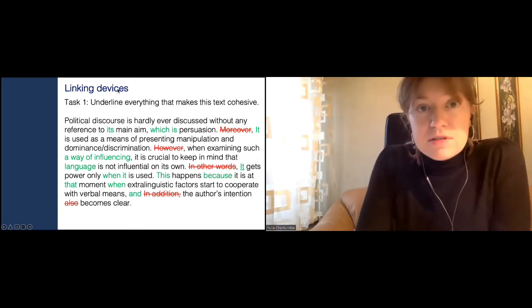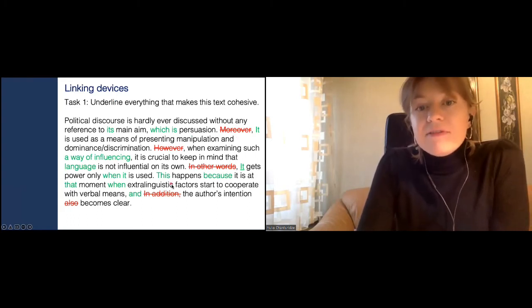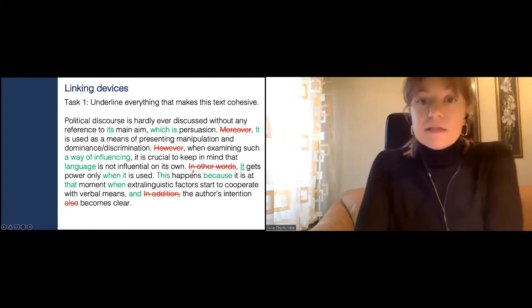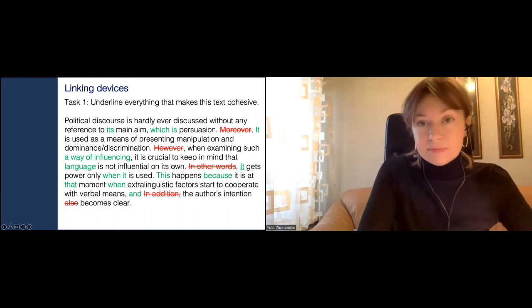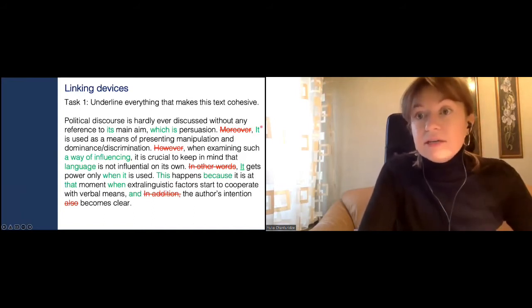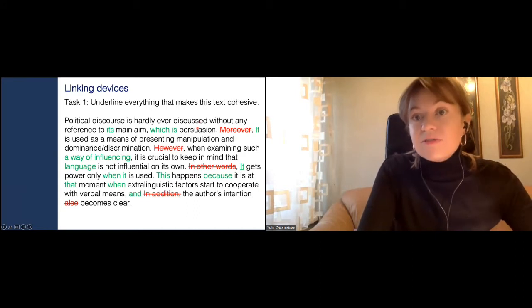I first of all crossed out some linking devices, because I believe there are too many lexical linking devices, like moreover, however, the ones that are in red. The text can be connected even without them. For example, here I have the pronoun it, so the grammatical linking device, which already links it to the previous sentence.